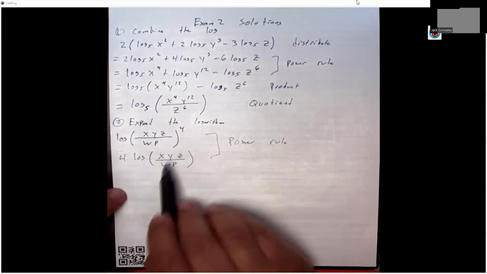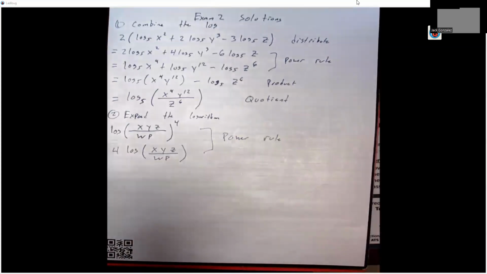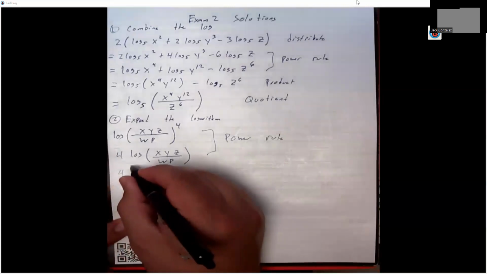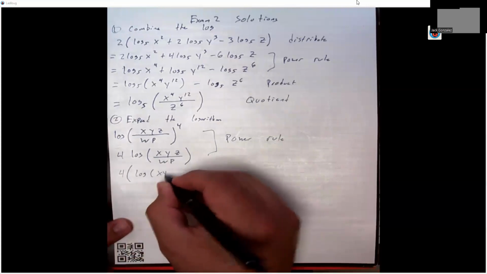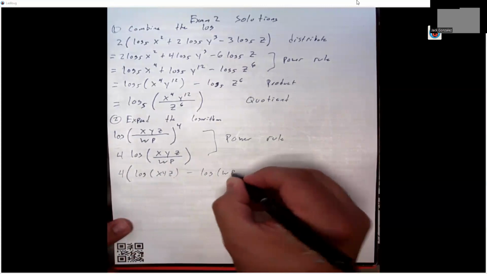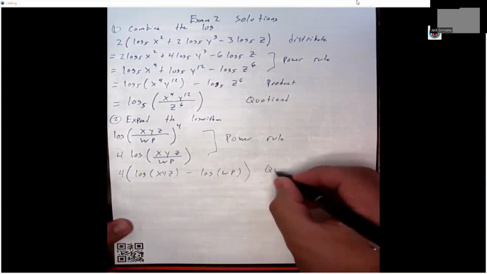Here to here with the power up, and then we have a big fraction, so just do two logs that are being subtracted: log of the top minus the log of the bottom. That is quotient.